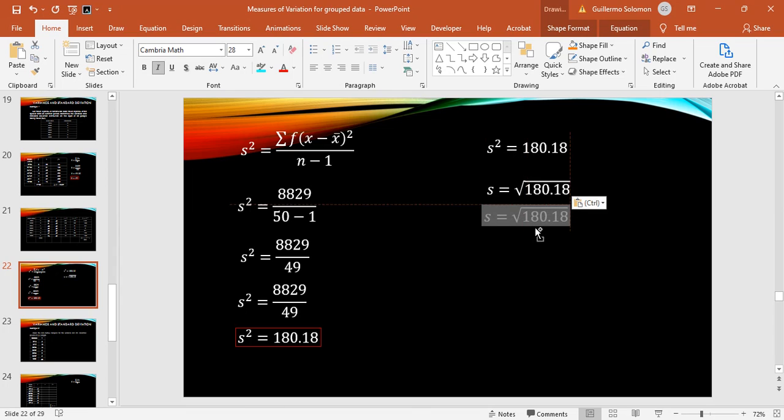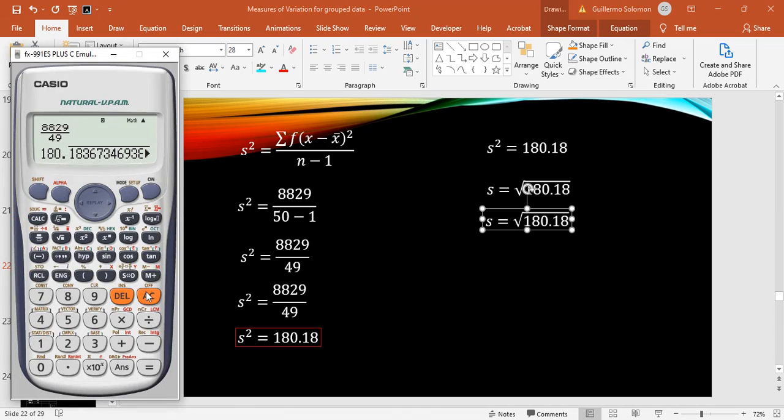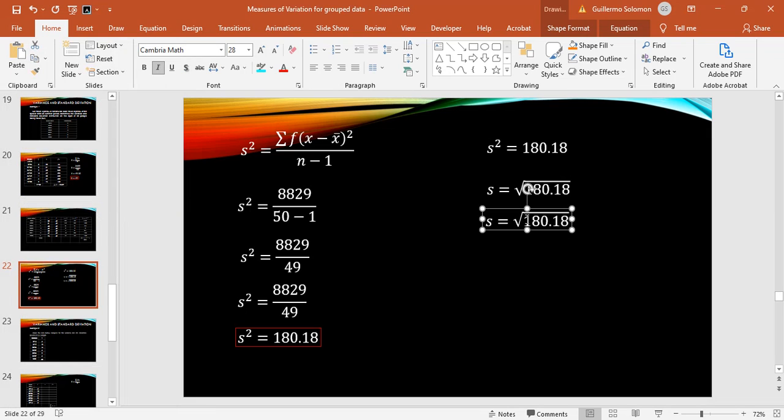So, we will get standard deviation of square root of 180.18, that is 13.42.